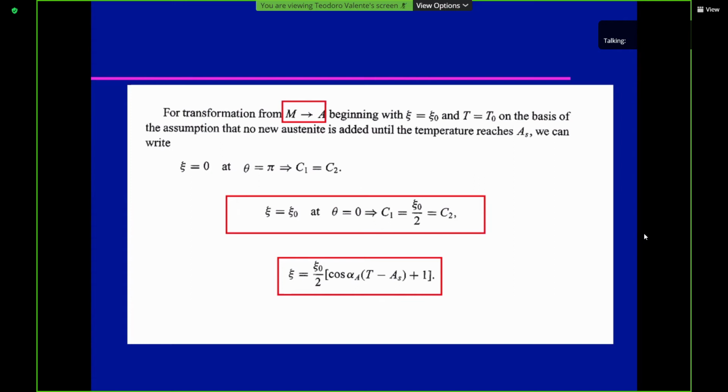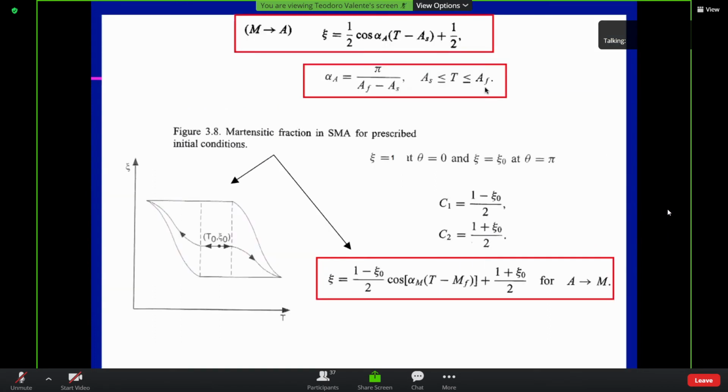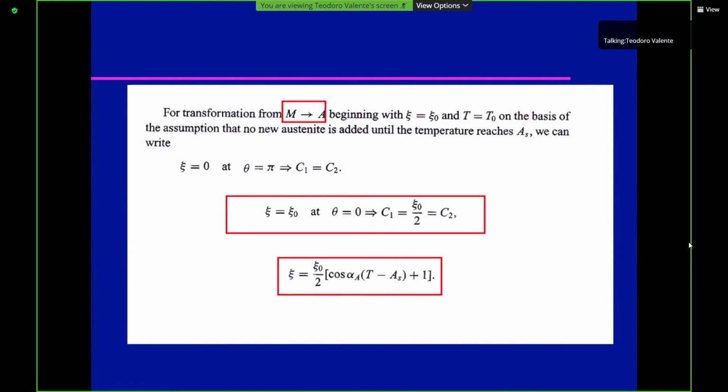And so the general expression for modeling of the martensite to austenite transformation, when this transformation is due to the temperature change, in this case heating, is percent of martensite Xi equal to Xi0 divided by 2 multiplying the cosine of alpha A, and again alpha A is the same as we have defined here in the more simple way, multiplying by the difference of temperature, real temperature T minus AS, plus 1.